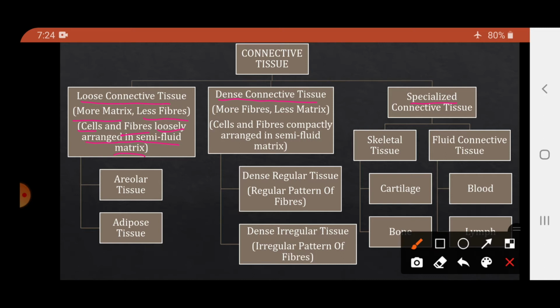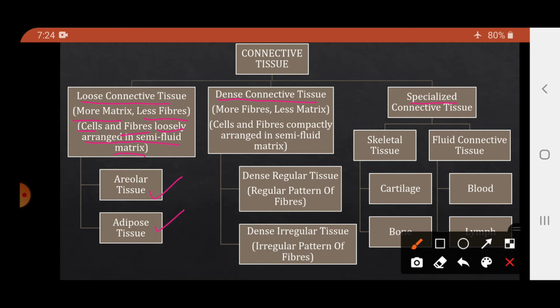In this matrix the cells and fibers are arranged loosely and therefore it is called loose connective tissue. Loose connective tissue is further divided into two categories. One is areolar tissue and another one is the adipose tissue. Now the next type of the connective tissue is the dense connective tissue.